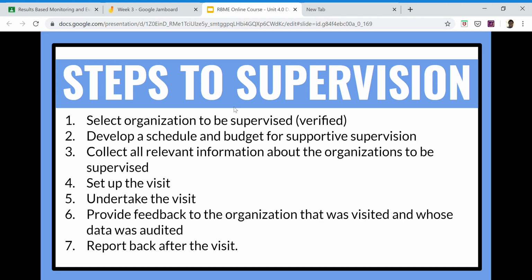You are supposed to meet with the lead person in charge of monitoring and evaluation, if that is the case. Some organizations do not actually have a monitoring and evaluation person, so maybe it's a program manager or so that you will see at the meeting.